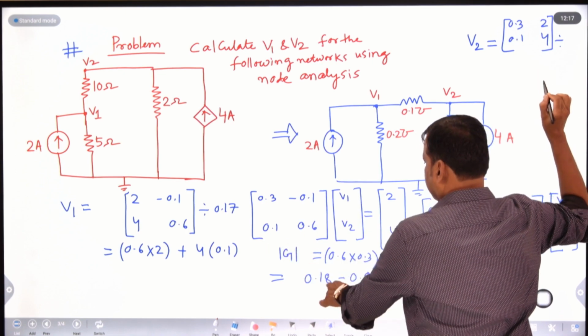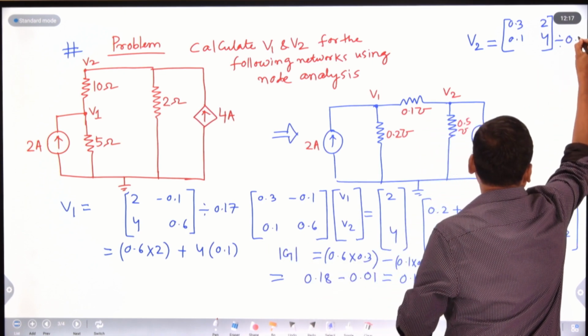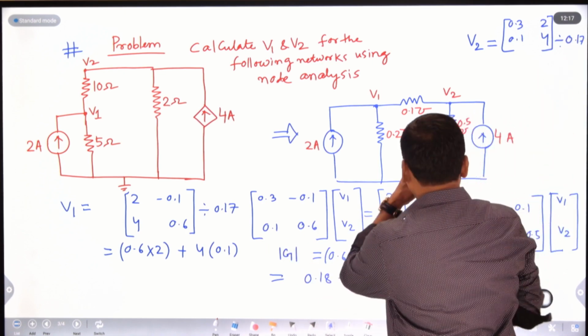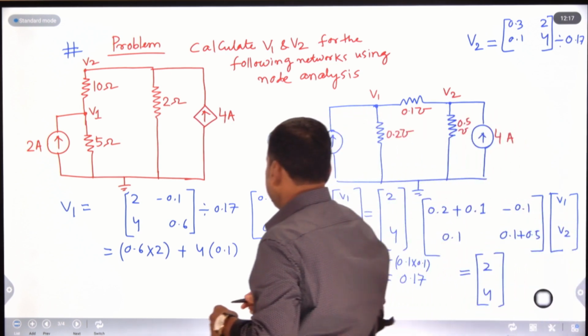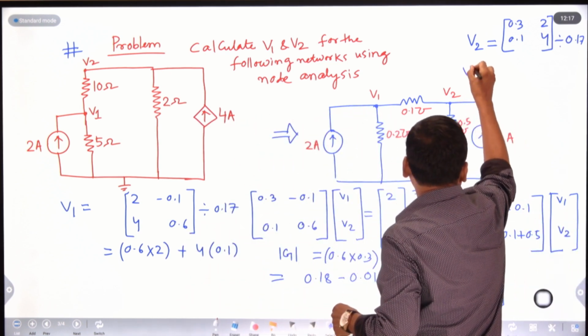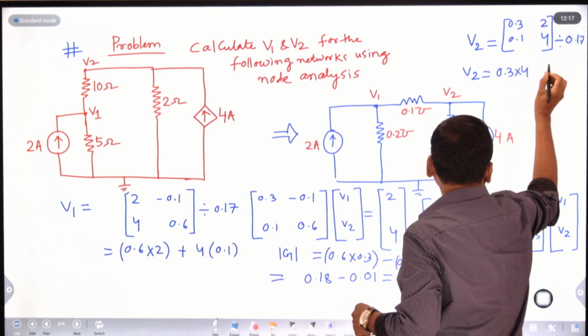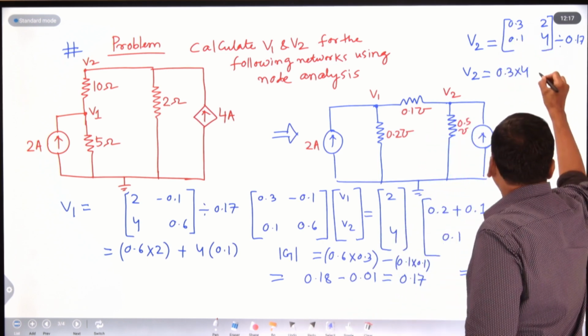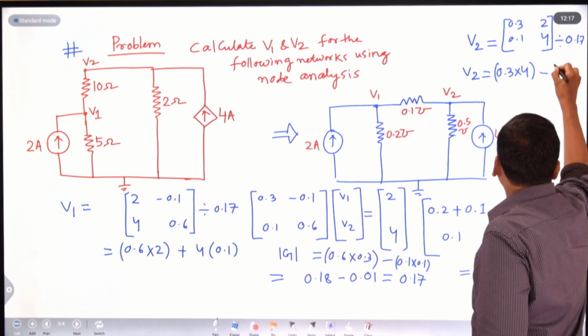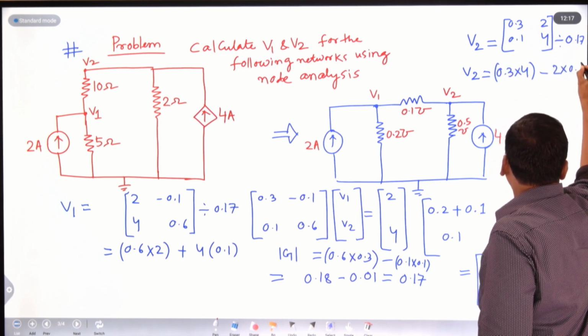This value G equal to 0.17. So V2 equal to 0.3 into 4 minus 2 into 0.1.